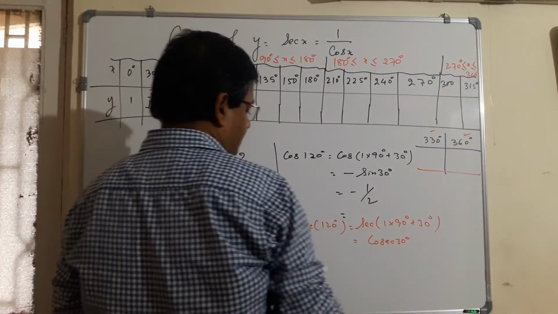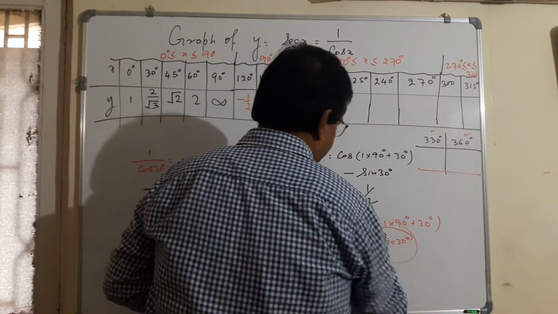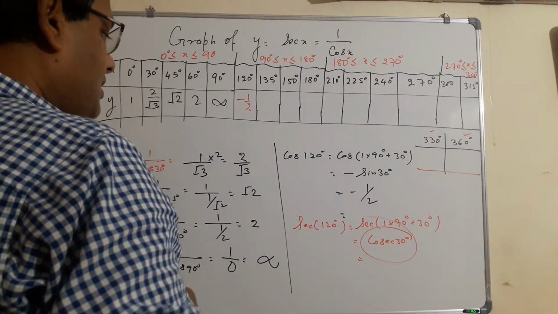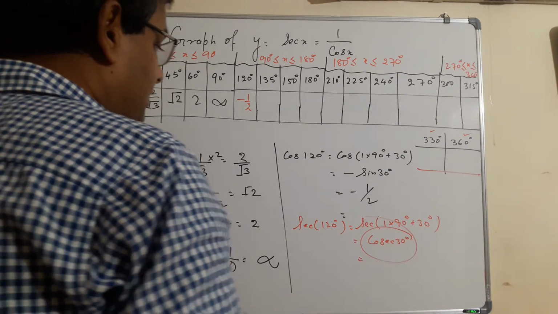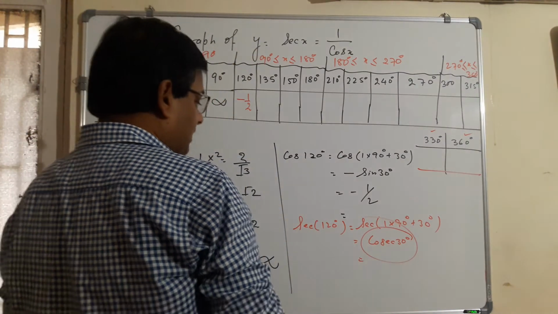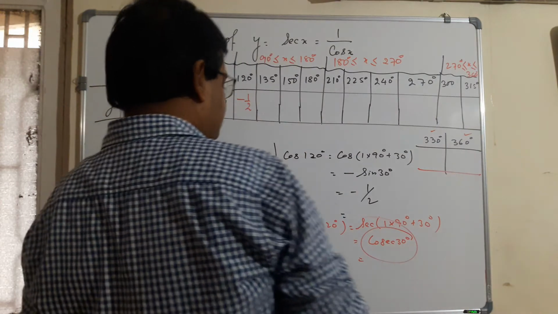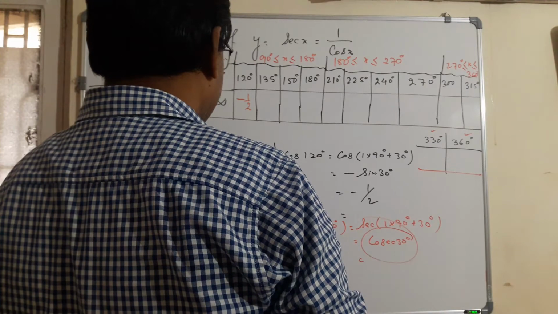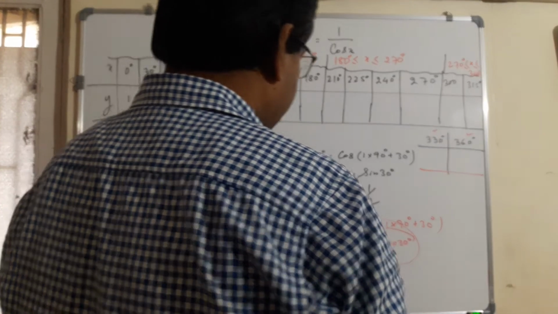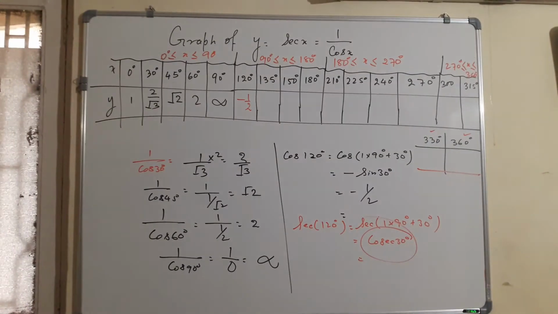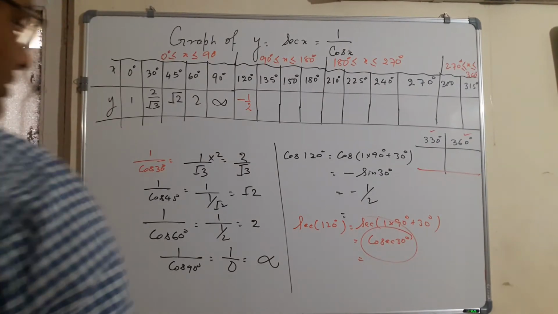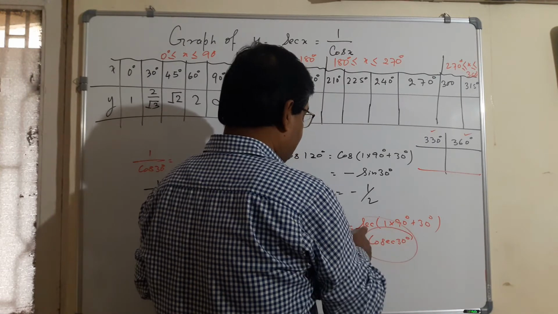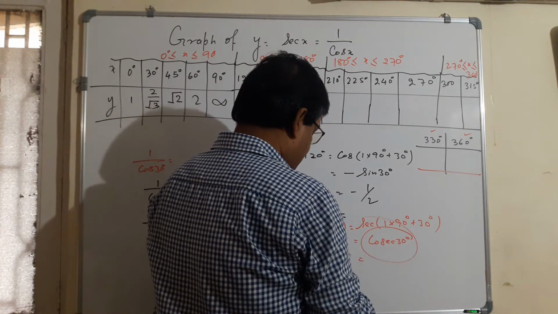Sec changes into cosec, and it lies in the second quadrant where it is negative.